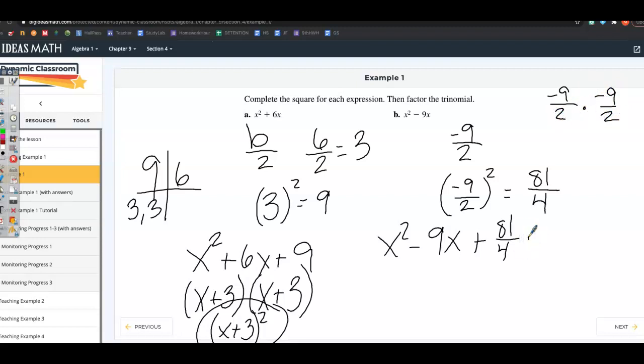So those are factors of 81 over 4, correct? Yes. Then if I take negative 9 halves plus negative 9 halves, what do you get? Type it in your calculator. You get negative 9. So that means I can have x minus 9 over 2 and x minus 9 over 2.